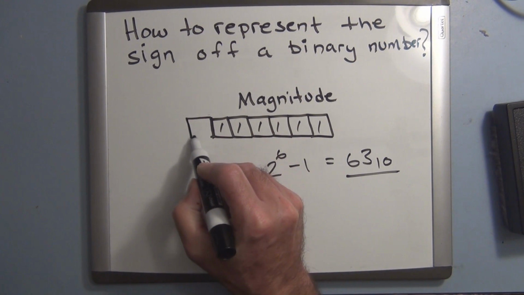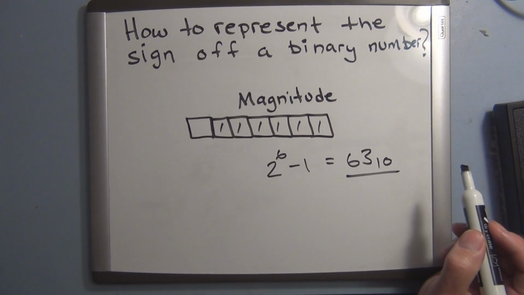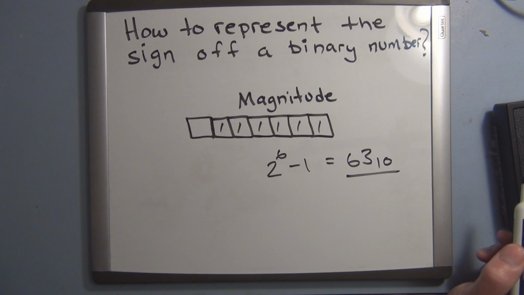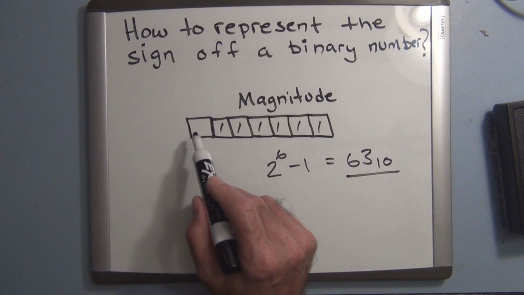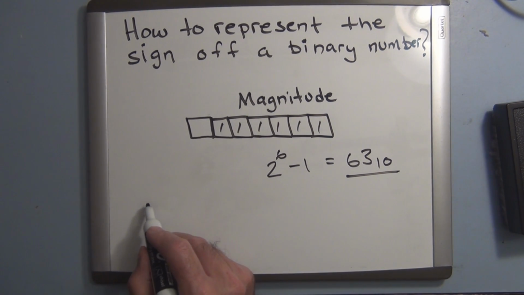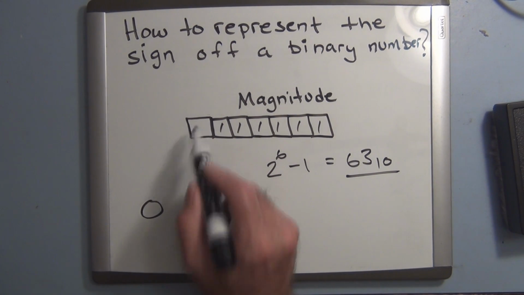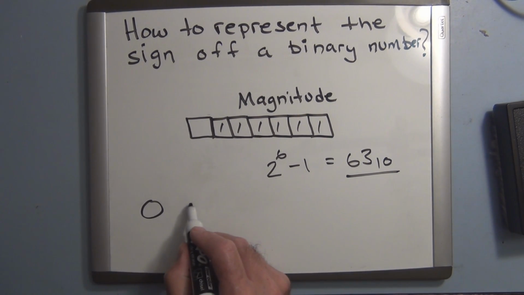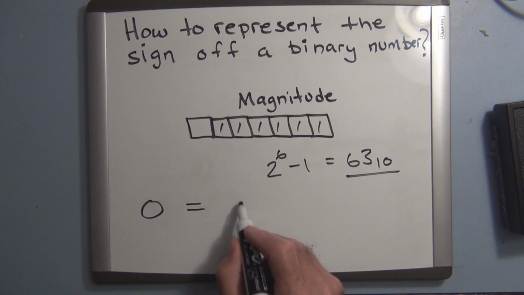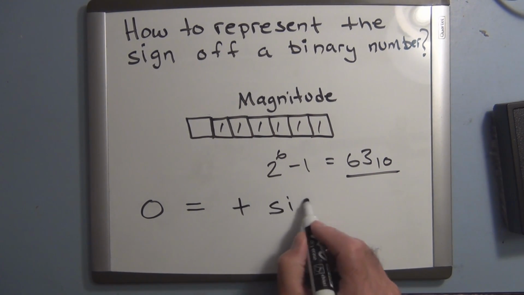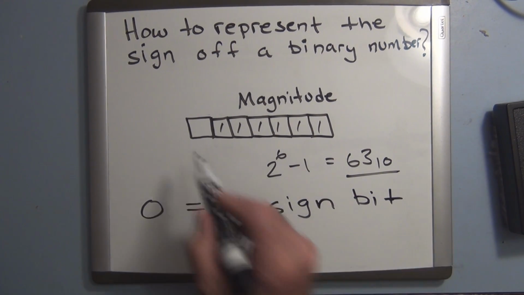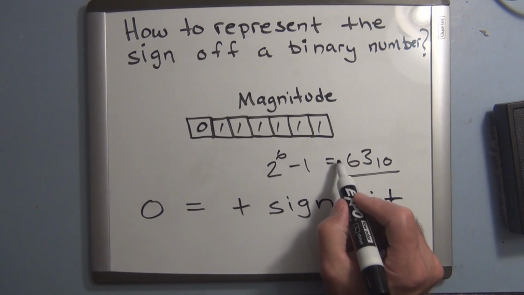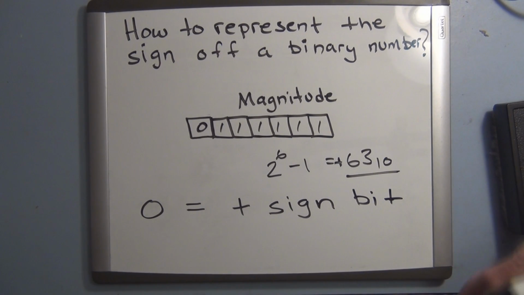So we add another bit here, and we're going to have an agreement on what this bit can either be, a 0 or a 1. So we're going to say that a 0 in this position will equal a positive sign bit. So if there is a 0 here, this will indicate a plus 63.